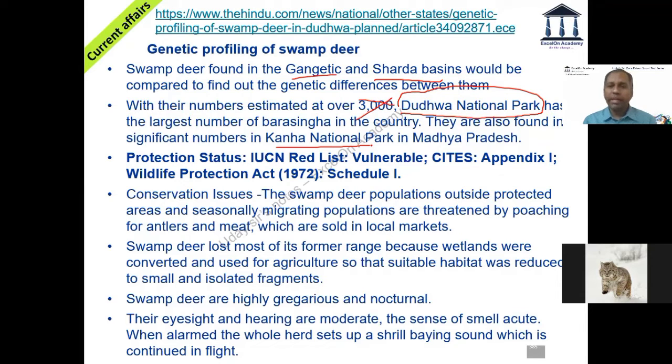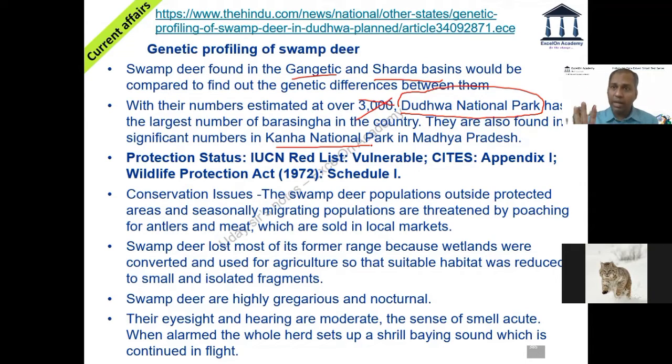One way or the other they will try to judge your understanding or knowledge in this. IUCN status is vulnerable. Vulnerable is not bad, no? Because after vulnerable, you have endangered, critically endangered, extinct in the wild, and extinct. So its conservation status is not bad, which is reflected in the numbers also, 3,000. But IUCN is worldwide, so you will find these swamp deer in many places.